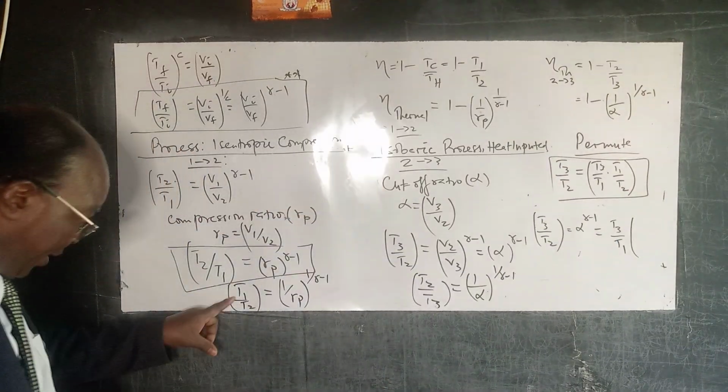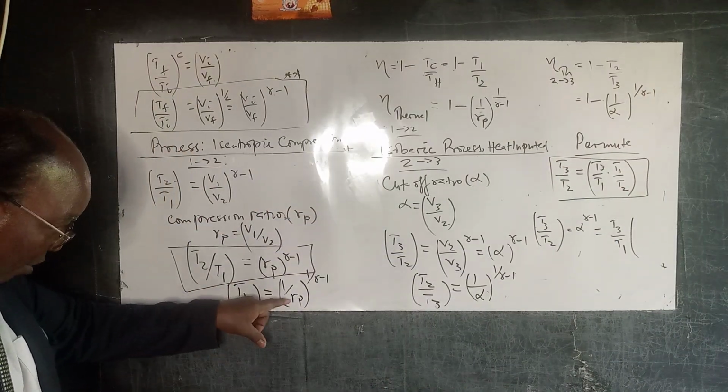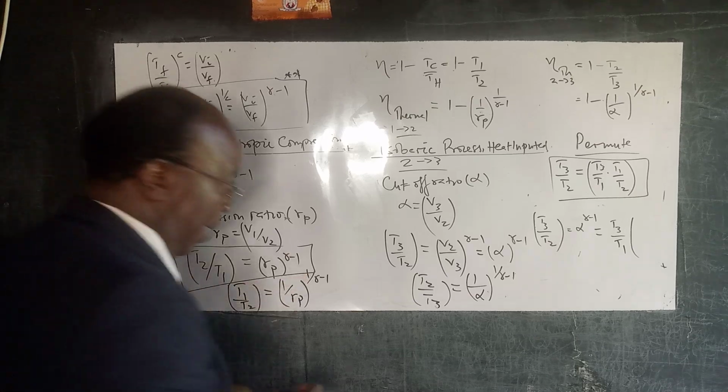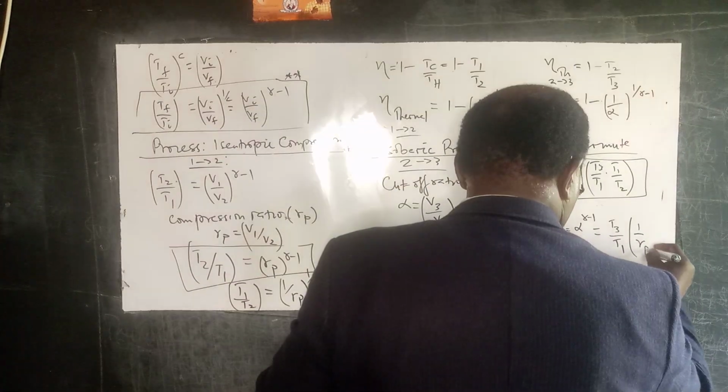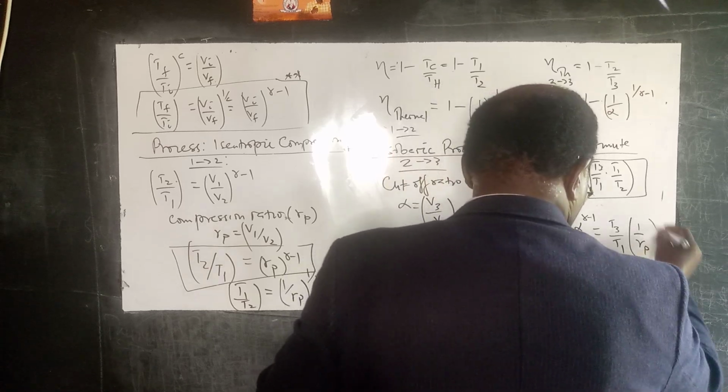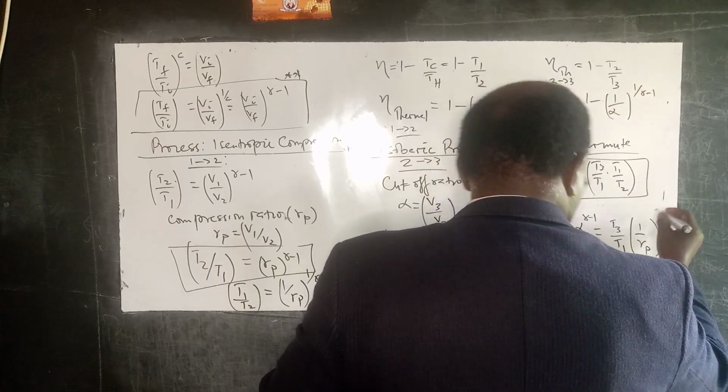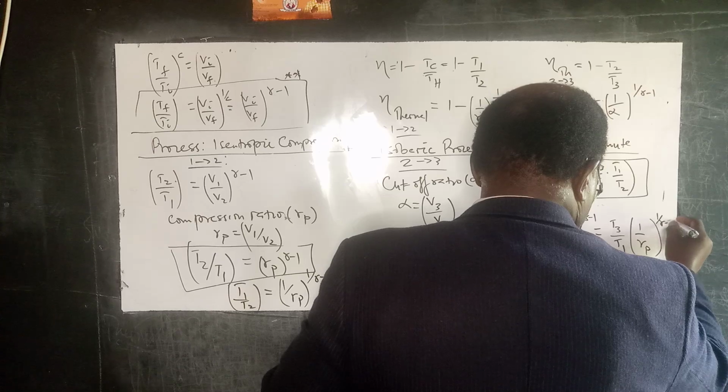What did we get for T1 over T2? We got 1 over the compression ratio to the power gamma minus 1.